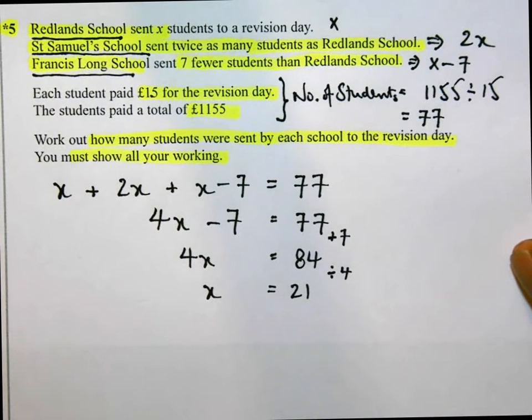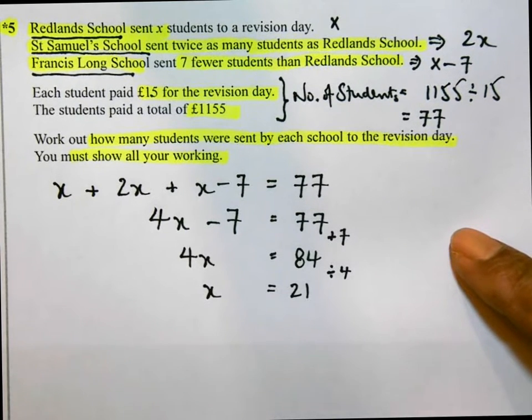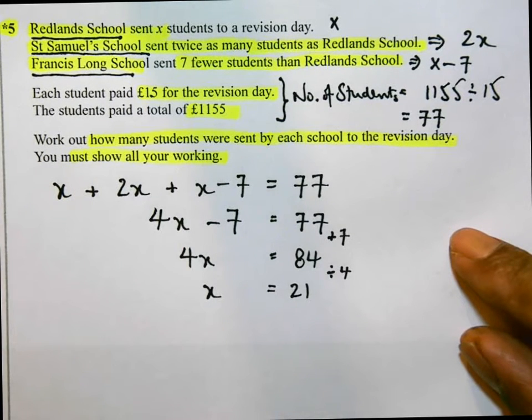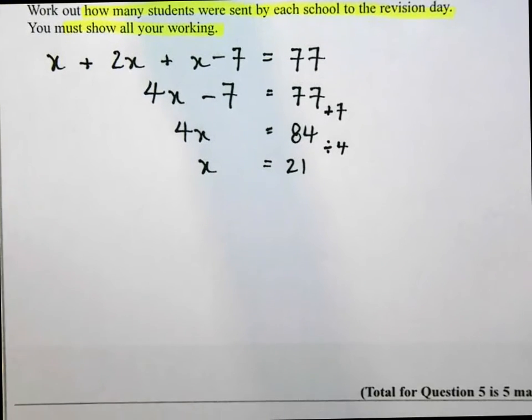So from Redlands there were 21 students who went. I'm going to use this information to answer the last part of the question: how many students were sent by each school to the revision day.